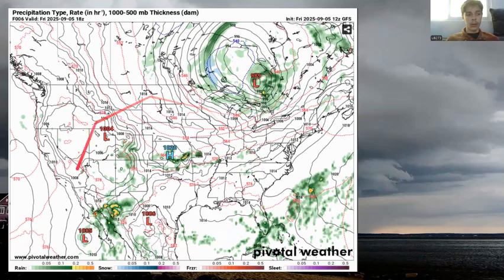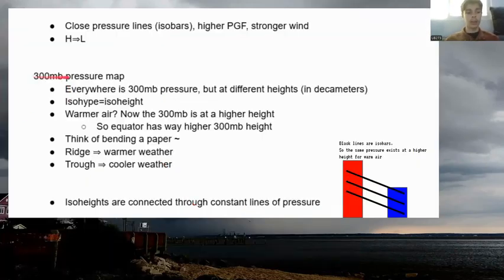This map right here is going to be a surface level map, but we can also look at other heights in the atmosphere. But the way that we're actually going to do it is by areas in the atmosphere of different pressure, not feet.